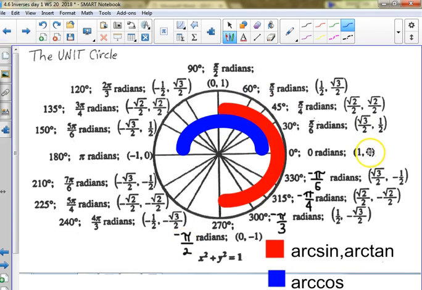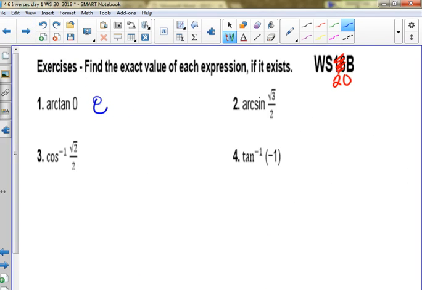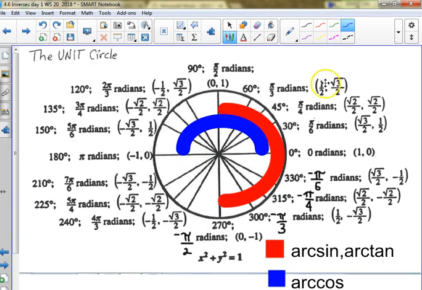If I put 0 over 1, I would get 0 for tangent because it's y over x. So yes, it's 0 radians. Okay, number 2. Where is the sine square root of 3 over 2? Sine positive square root of 3 over 2, pi over 3.